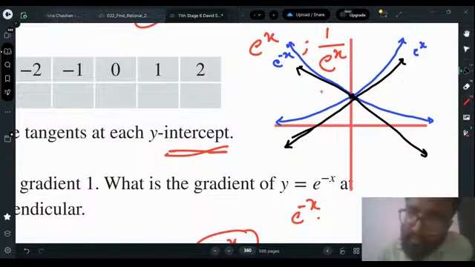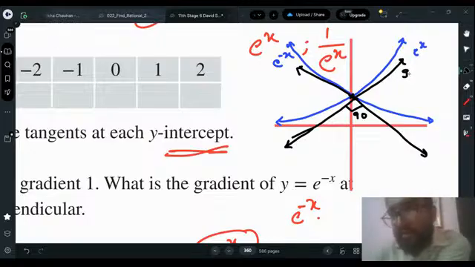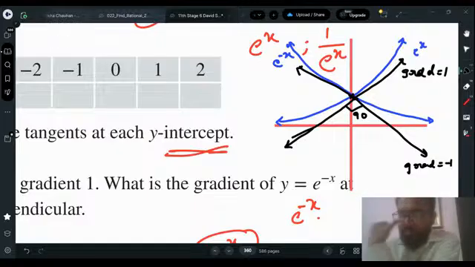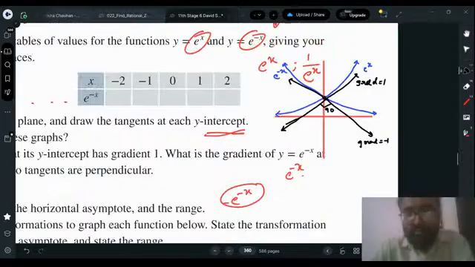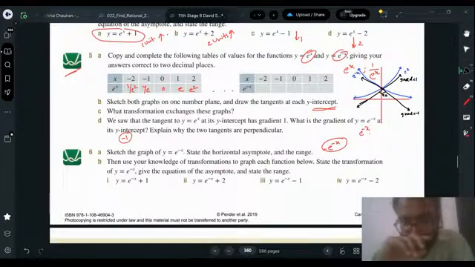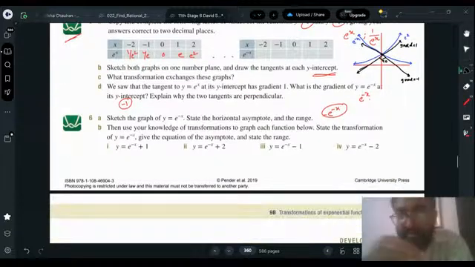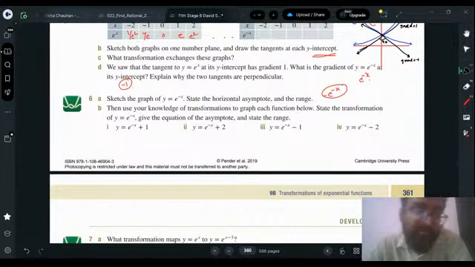And do you know this makes 90 degrees, because one gradient is equal to 1 and the other gradient is equal to minus 1. So this is the case. You have to get this understanding, it is extended calculus. That's why it is a little bit advanced. I will repeat all these problems once again if required, for a clearer understanding.